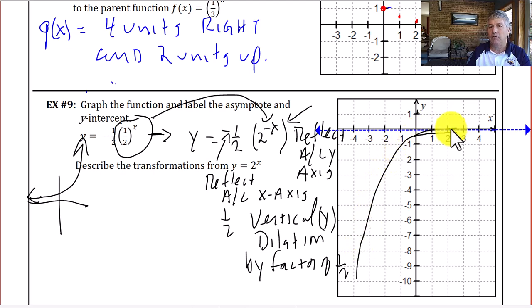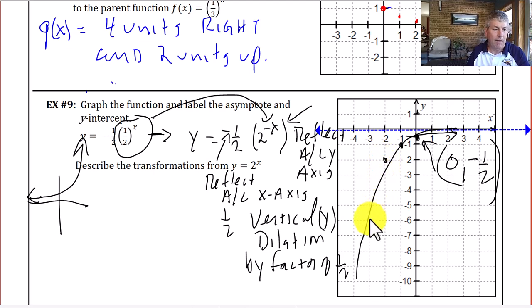I kind of missed, but this is the important point: (0, -1/2) is going to be our y-intercept. We're also going to go through (-1, -1), and we're also going to go through (-2, -2), and we're also going to go through (-3, -4). And you'll see that these points here are actually half as high.